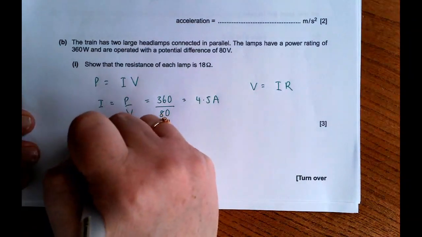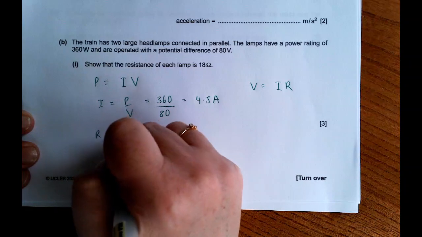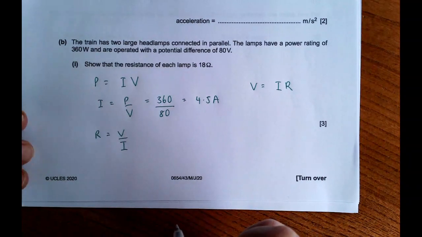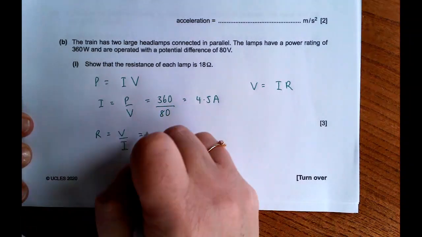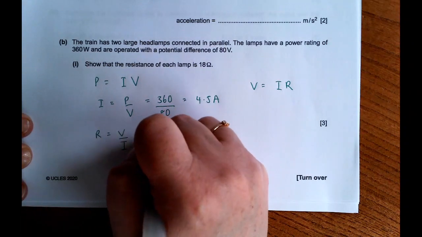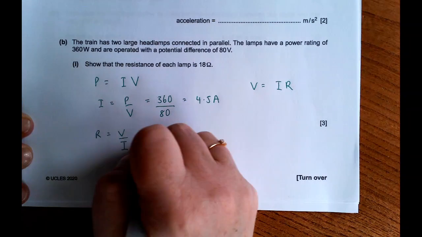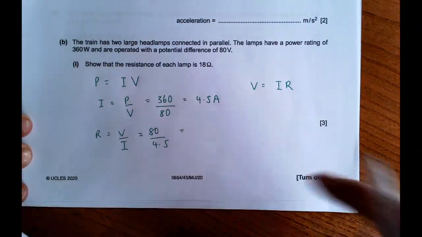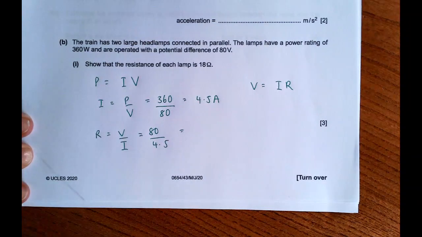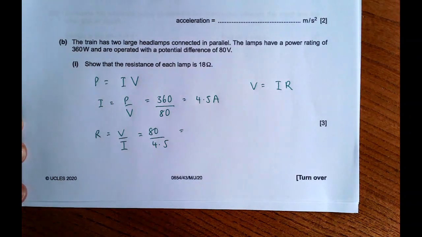Okay, now R is the voltage over the current. So now I know that the voltage across one of the lamps is 80, and I know that the current through one of the lamps is 4.5. Okay, and I get a value there for my resistance.